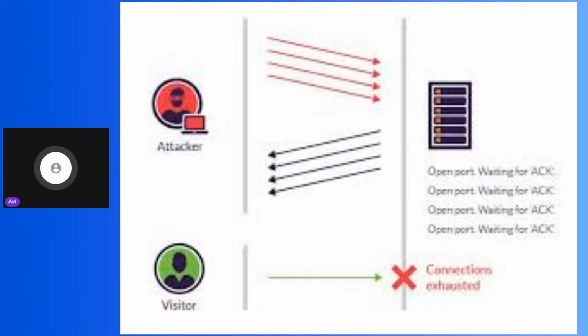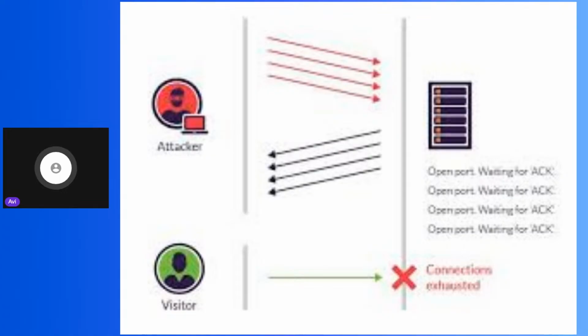Anyway, a TCP flooding attack is when an attacker sends a lot of SYN packets. We learnt about SYN and ACK in our first class, right? It sends a lot of SYN packets to the open ports on a server, and the server sends SYN-ACK, then waits for the final ACK to be sent from the device. But there is no ACK sent from the device.